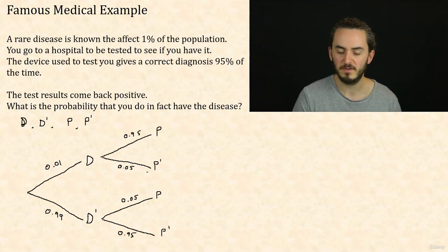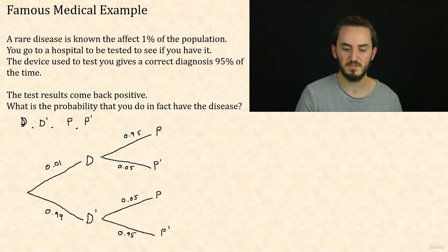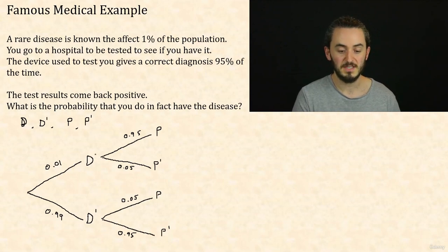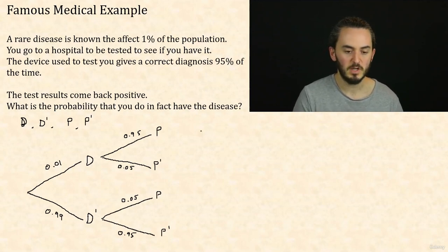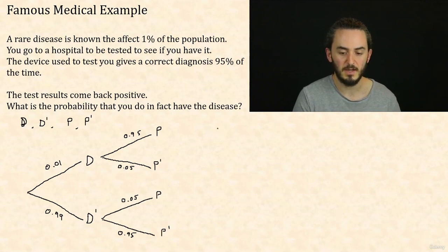So you've got these four different outcomes. You either have the disease and it correctly gives you a positive result, or you have the disease but it incorrectly tells you that you don't have it. Or you don't have the disease and it incorrectly tells you you've got it, or you don't have the disease and it correctly says you haven't got it. So what are we asking? The test comes back positive, so it is given that you get a positive result.